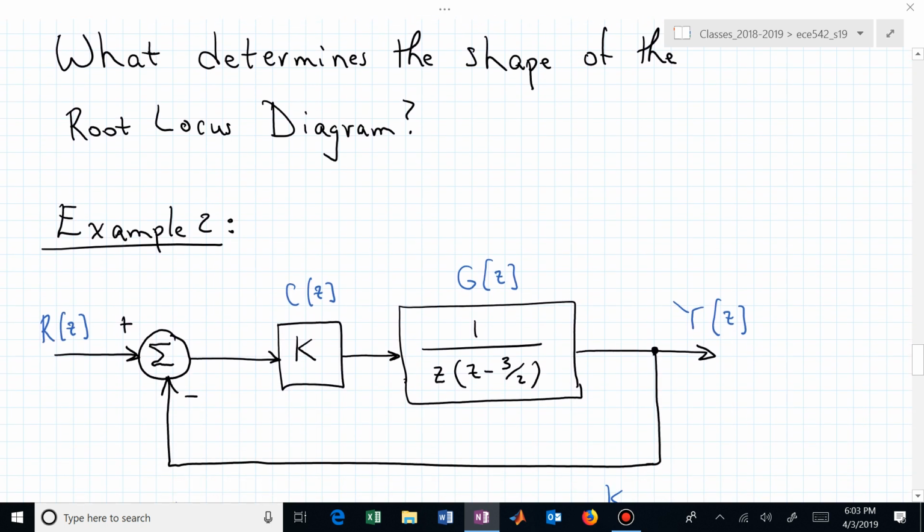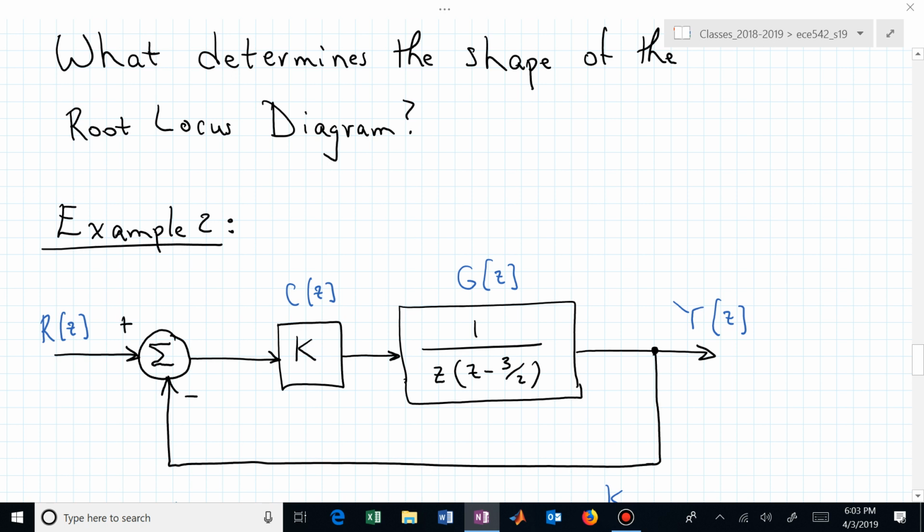So let's look at this based on this example, and I'm going to call it example 2, where we have a G of z, that's our open loop plant or system. It has a pole at the origin and a pole at 3/2. And we're going to use proportional feedback, or just a gain K. In this closed loop configuration, we have unity output feedback, and it's negative output feedback.